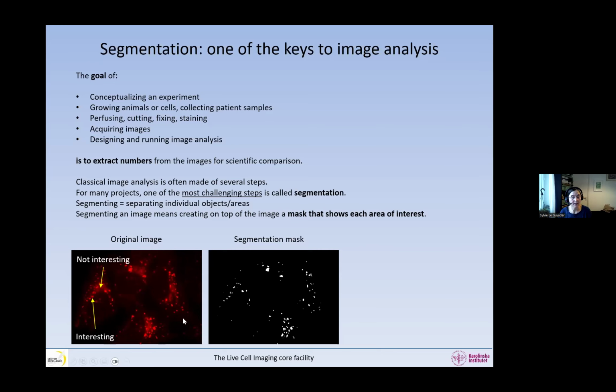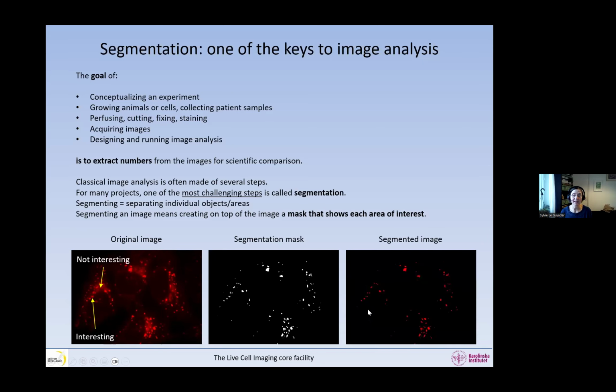We make this mask that shows only the areas we're interested in. Then when we overlay the mask on top of the image, we basically get rid of the stuff we do not want, and we see the image as if these were little holes, and you're seeing the image through the little holes. So the original data is inside these, but everything else has been removed. This is the segmented image.